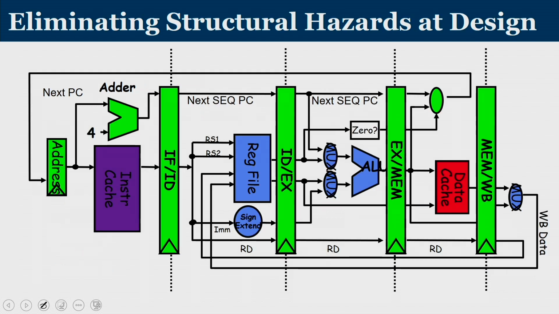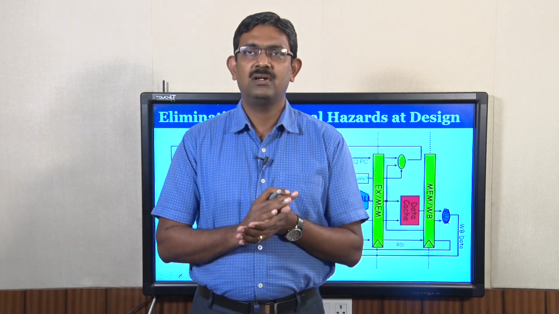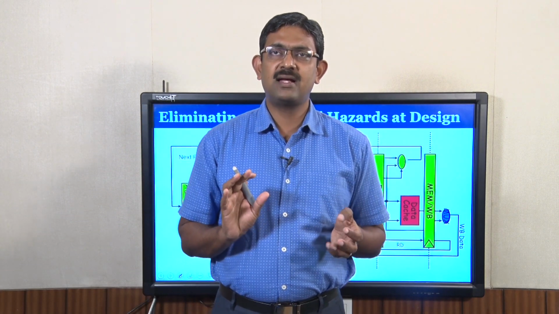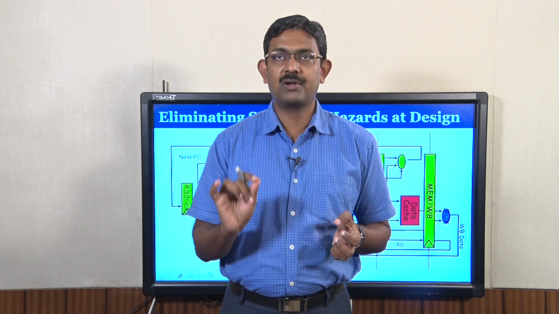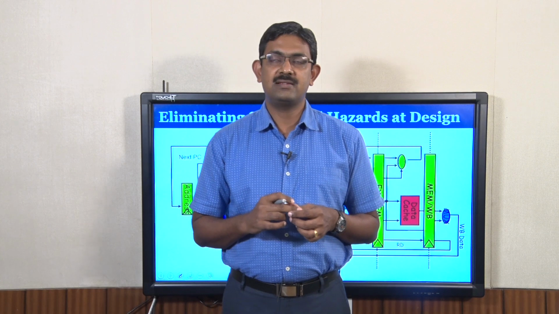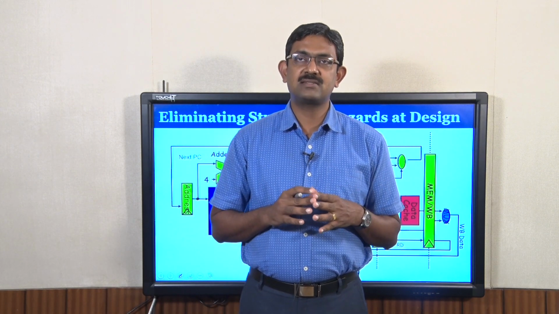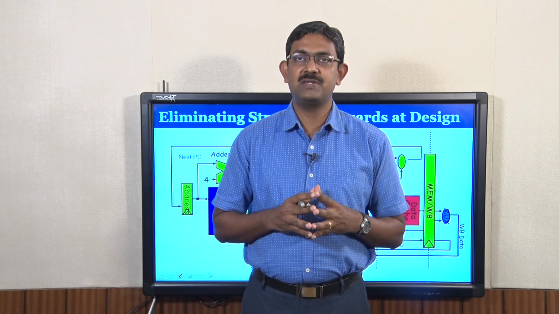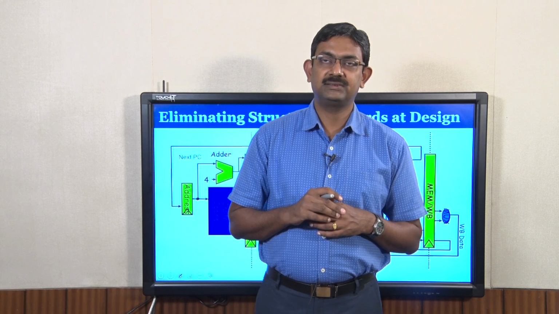Another way, so the first approach that we have seen here is you try to detect the hazard and include a no operation or a bubble or a stall in the subsequent instruction, wherein simultaneous access of the same uniported memory is eliminated, but that can create delay in instructions.